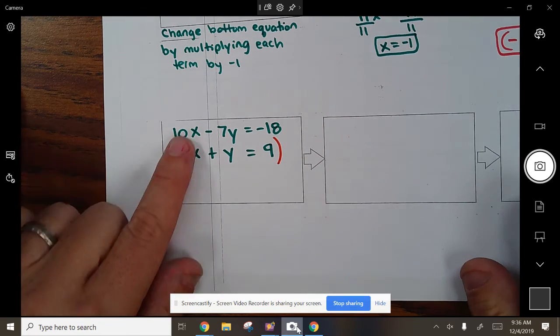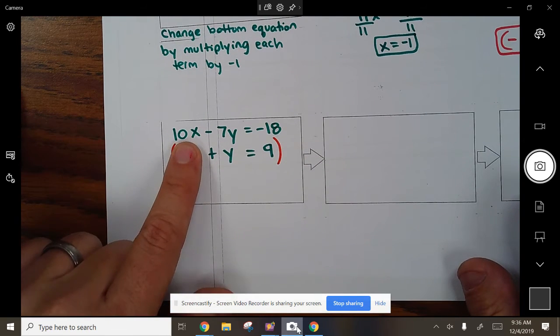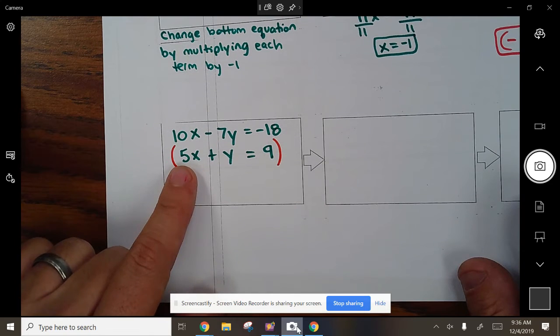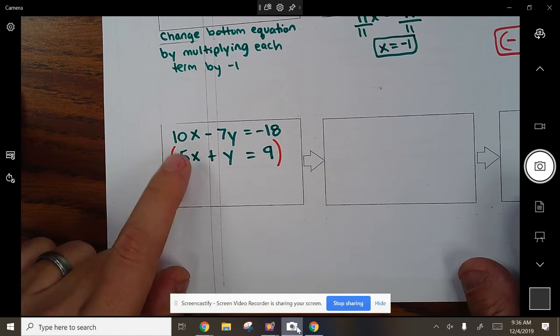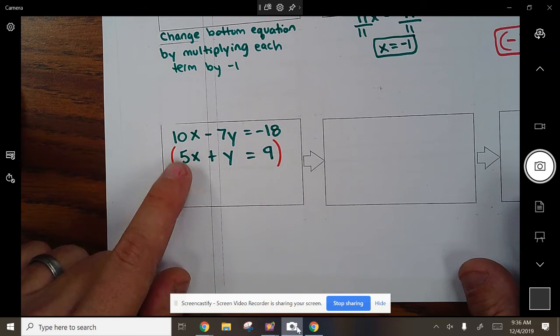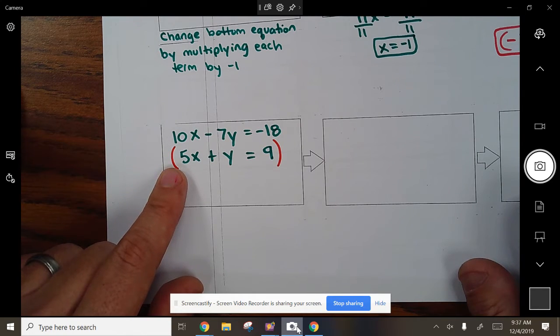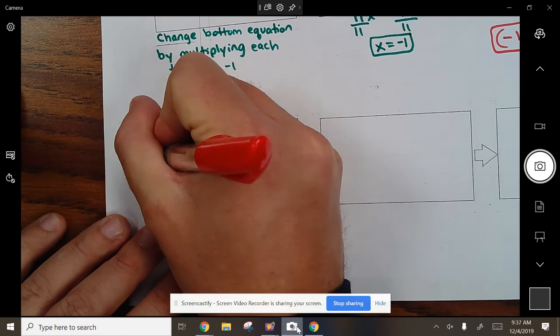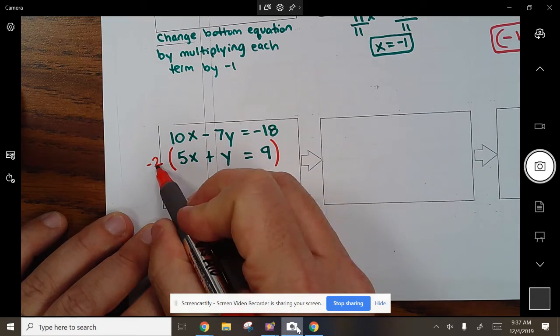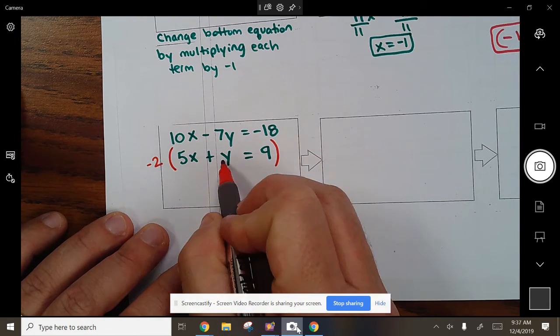So if I wanted to get rid of these x's, this is +10. I would have to make this -10. So I hope that a number jumps out at you that I could multiply the 5 by 2, and I could get to -10, but actually not just 2. It'd have to be -2. And if I choose -2, I have to multiply -2 to all three terms, okay?